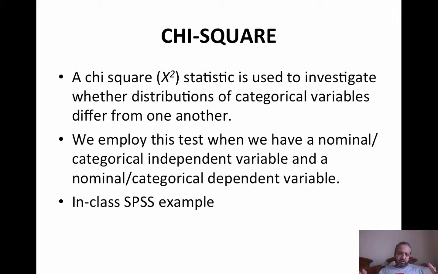I'm not going to be able to show you an in-class SPSS example, but I will walk you through an example. This is very common in content analysis, because in content analysis we work with a lot of nominal level data. So let's say we're doing a content analysis of the New York Times.